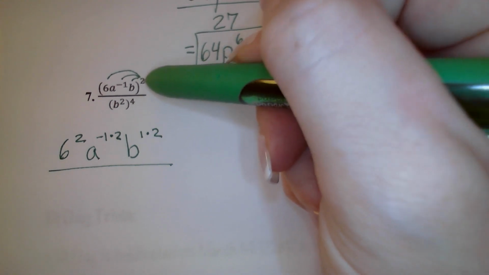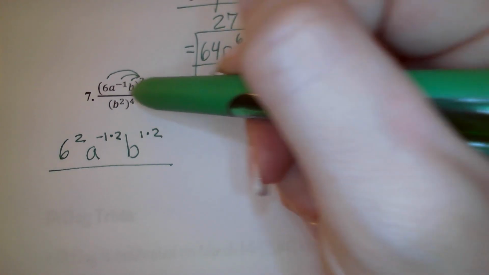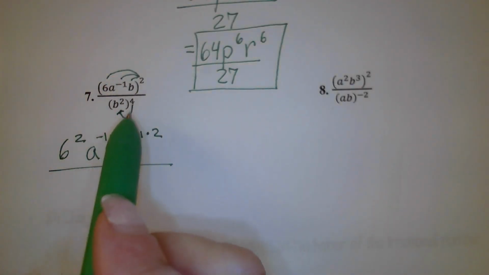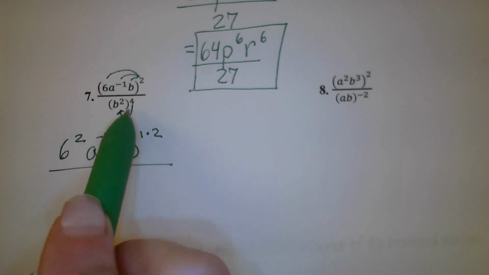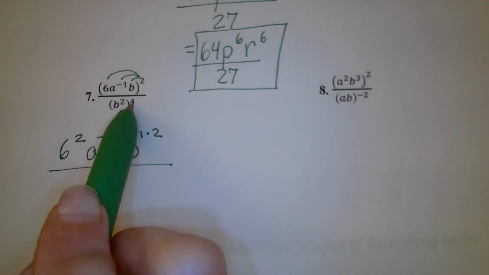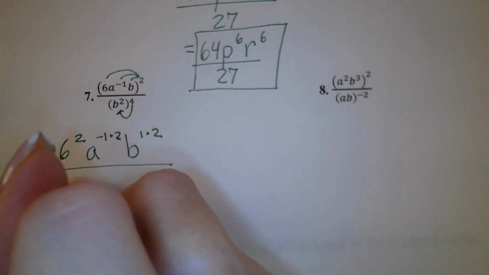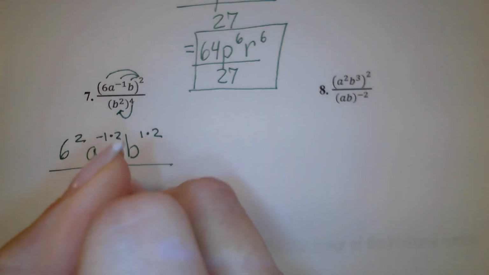So this exponent is only being applied to the top part. And this exponent, the power of 4, is being applied to the base b with the existing exponent of 2. So when we raise that power to a new power, we're going to multiply 2 times 4.